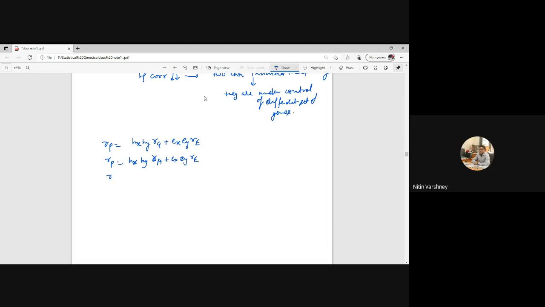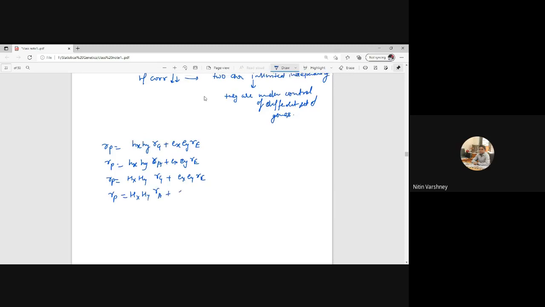Third, RP is equal to capital HX HY RG plus EX EY RE. Fourth, HX HY RA plus EX EY RE.